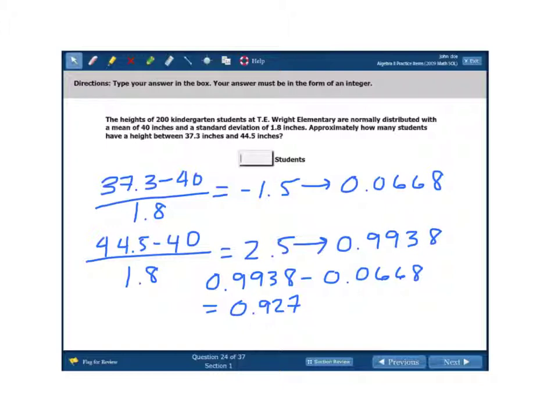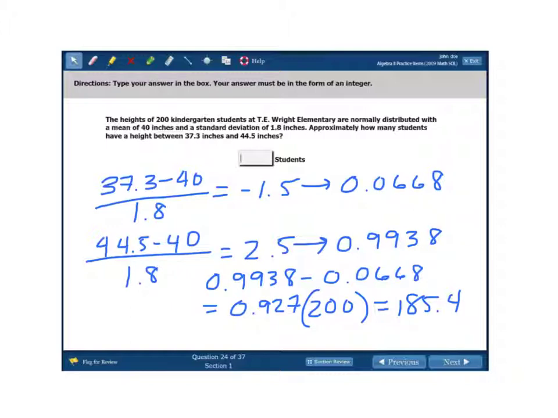Then we finally take that and multiply by the number of kids in the population. 0.927, so 92.7%, times 200. Gotta turn the calculator on before you actually try to punch the buttons. 185.4. This made me feel a little better about these type-them-in answers.